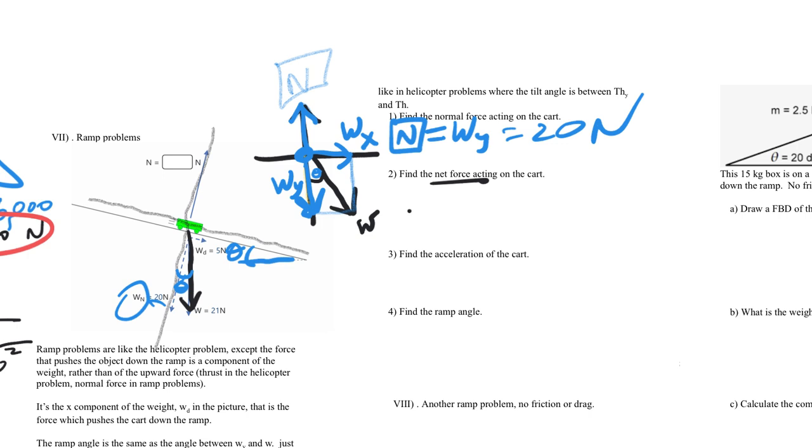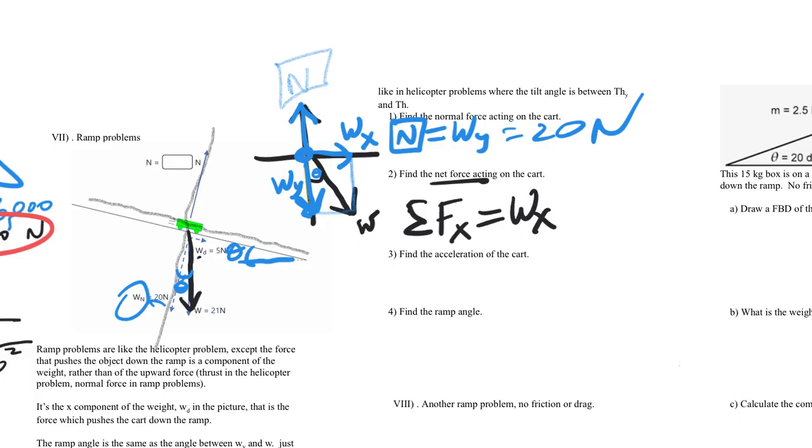So according to the ramp, the horizontal force, it's not horizontal in the picture on the left, but according to my free body diagram, the horizontal force is unbalanced. So the net force in the x direction is equal to wx, the x component of the weight.